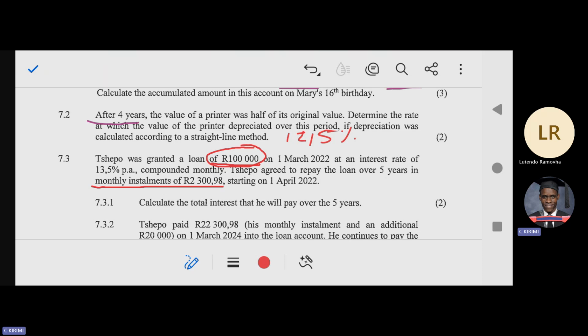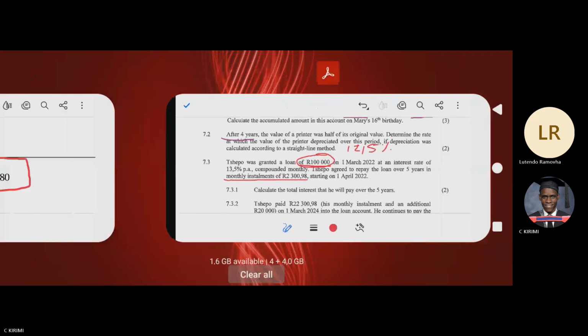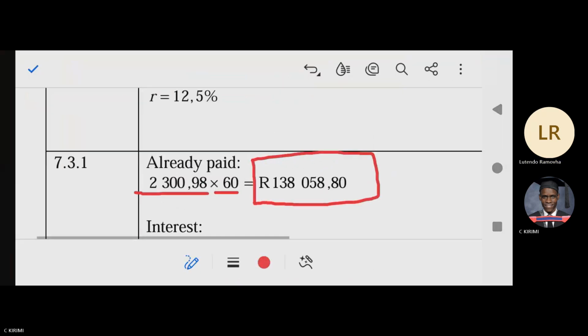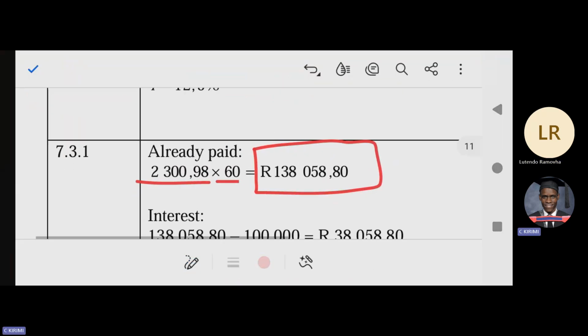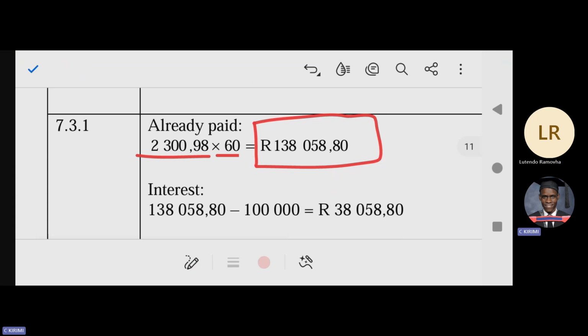The total interest, which means the money that has been added. When you borrow a loan, people are doing business, they add a certain amount for giving you money. So that is what we want to know. How much did these people add on top of the 100,000? 38,058 and 8 cents. So we are just subtracting like that.